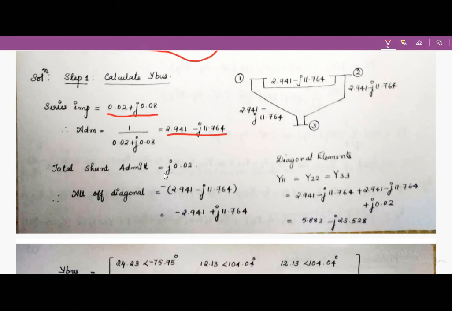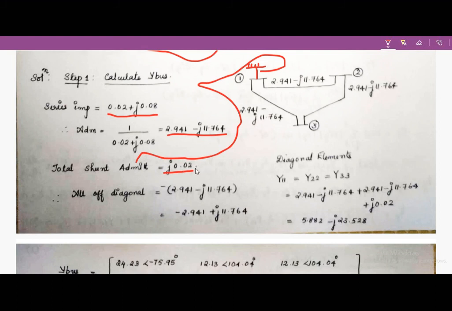Total shunt admittance is j0.02. Shunt admittance means an admittance connected from the bus to ground. Total shunt admittance is given as j0.08.